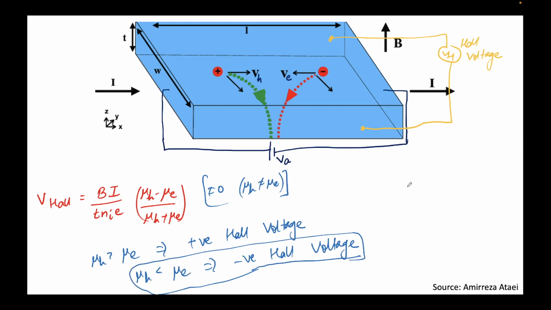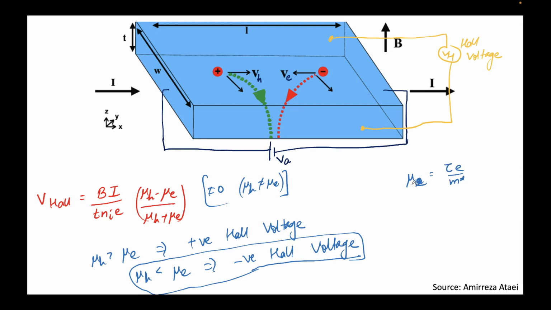Now, one more thing. We know that mu E is equal to tau E times e over m star, where tau is the relaxation time and m is the effective mass. Even if we know something about mu, we cannot say conclusively about effective mass m because the relaxation time is also there.